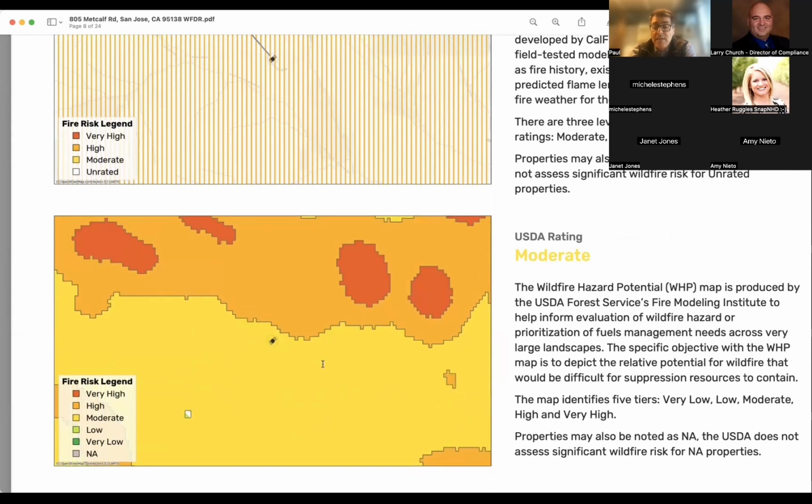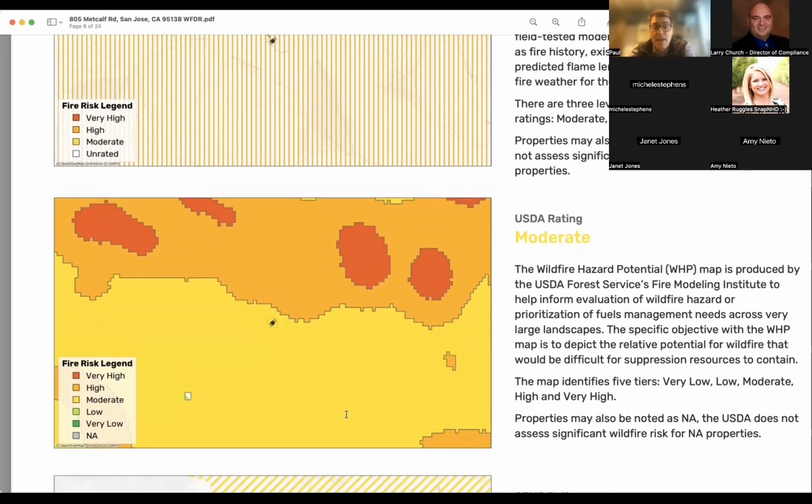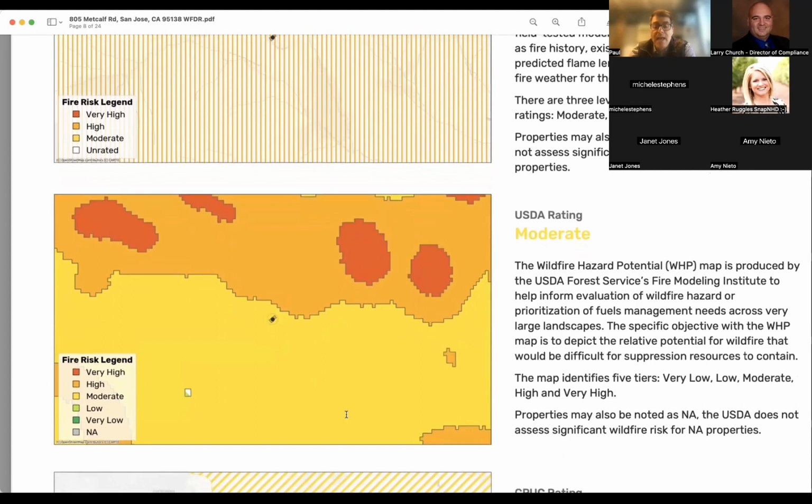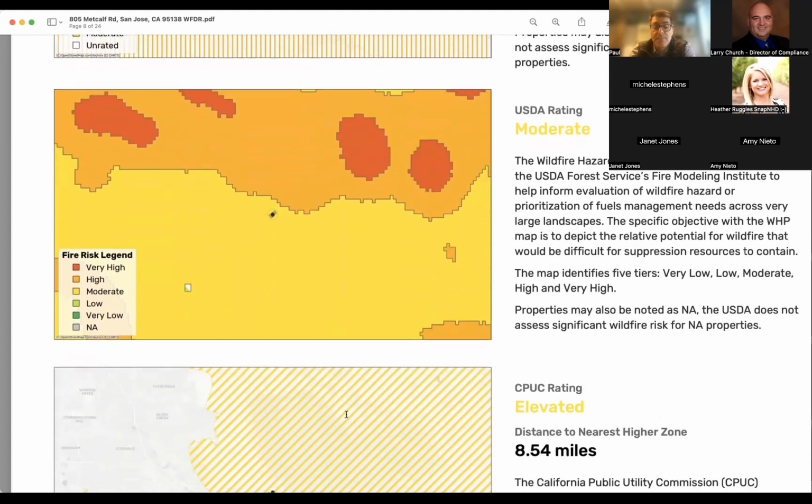The USDA gives it a moderate rating, but you can see it's very close to a high zone and not too far from a very high zone. The USDA map is created in a different way, so we can't calculate the distances in the same way that we can with the shapefiles with the CAL FIRE map.